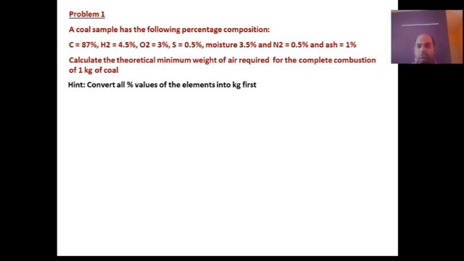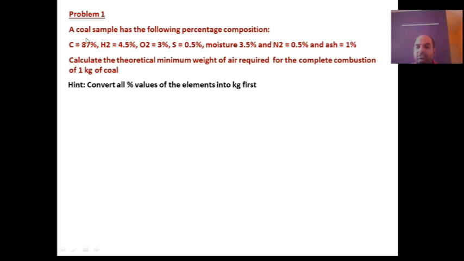The first hint is to convert all percentage values of the elements into kilograms first. My suggestion is to go for grams. That will be a little easier, because the chances of making a mistake come down if you do it in grams, even though here I have shown it in kilograms. What does this mean? If you have 1 kilogram of coal, how much carbon will be present in it?